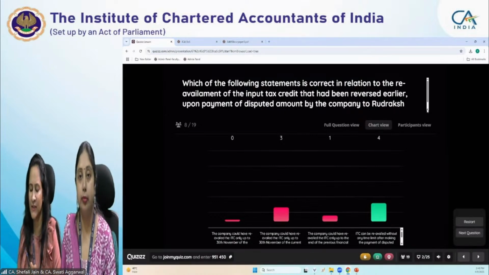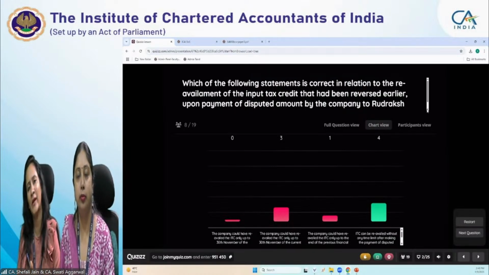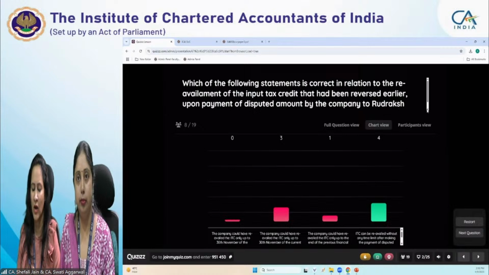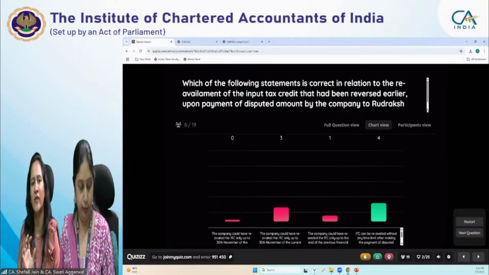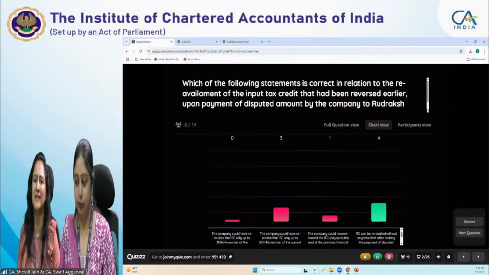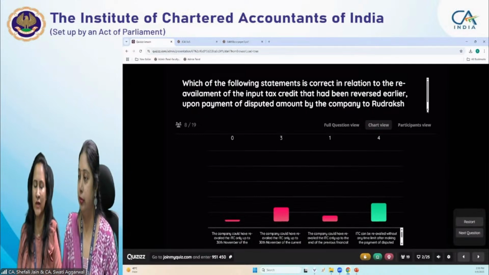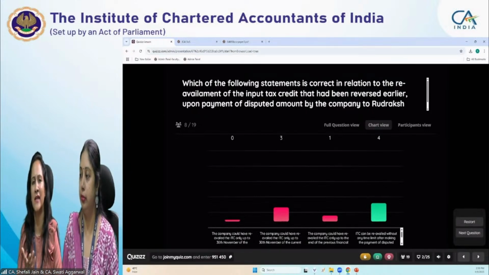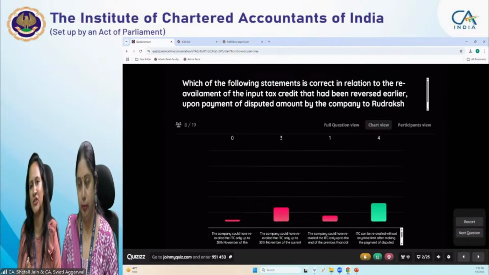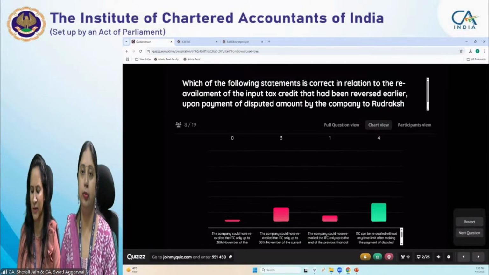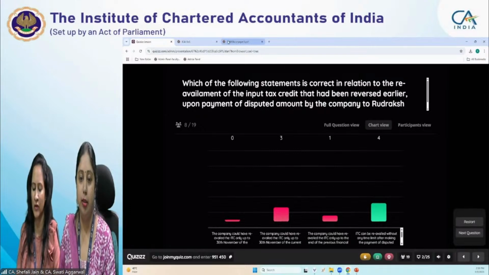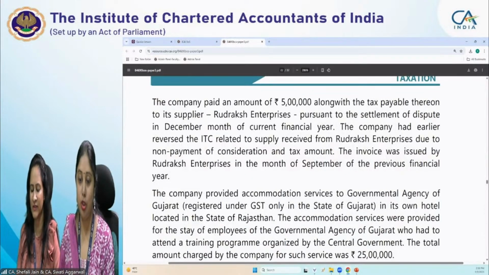Now, if a registered person has availed the ITC on any inward supplies, but he fails to pay to the supplier the value, whether wholly or in part, along with tax within 180 days from the date of issue of invoice, then he has to reverse the ITC. He has to pay or reverse the amount equal to the ITC which he had availed.